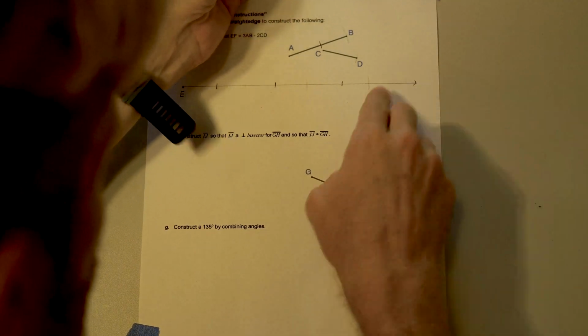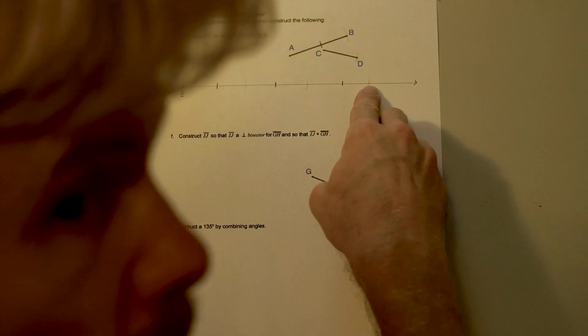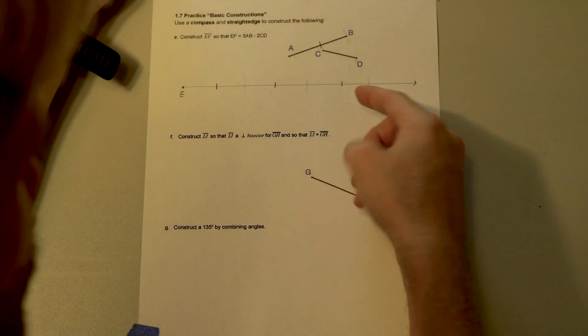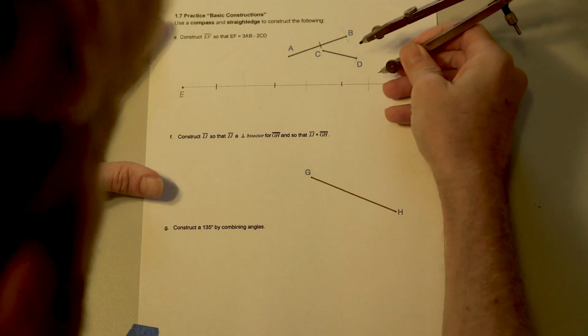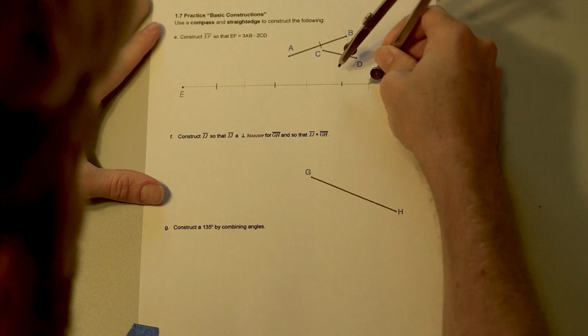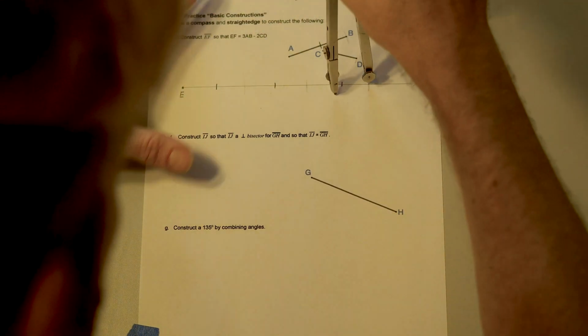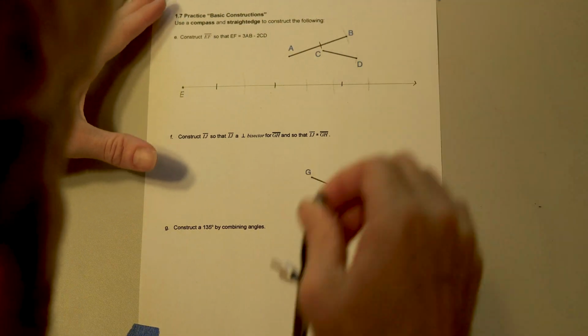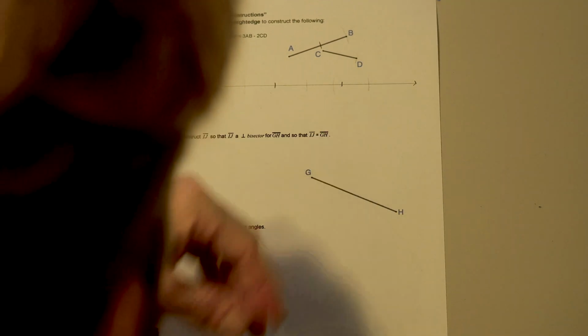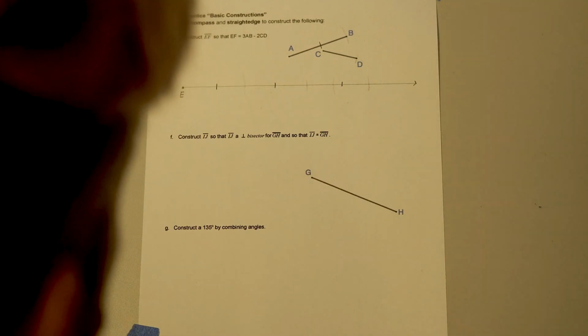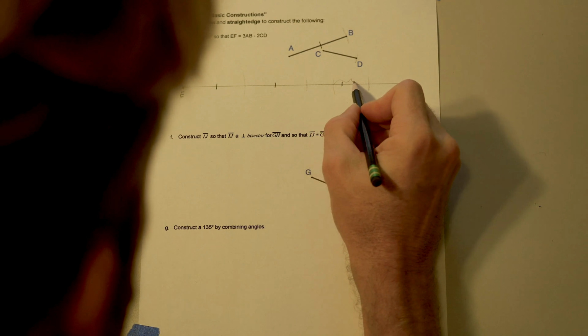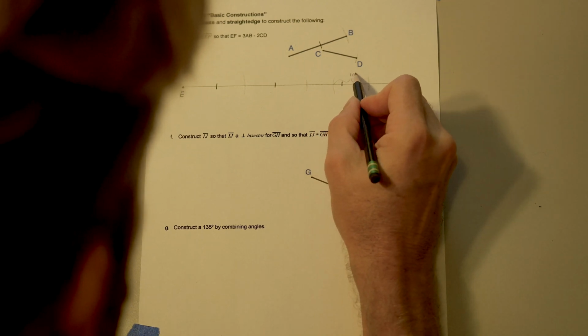Now, I'm going to go from this endpoint back to E. So I'm going to flip my compass around, find my endpoint there. That's 1 length of CD. Right there. That's 1 CD.